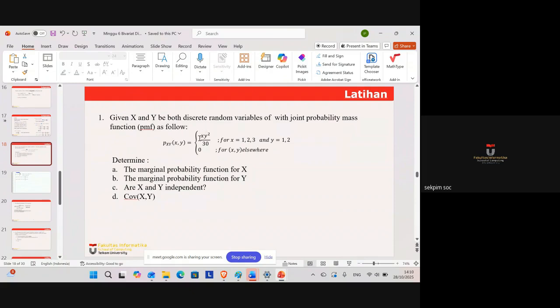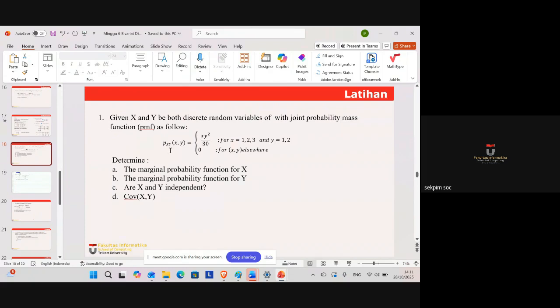The first one is that the function value is never negative. And the second one is that the total probability of this function over all integer x and y, since they are discrete random variables, equals 1.